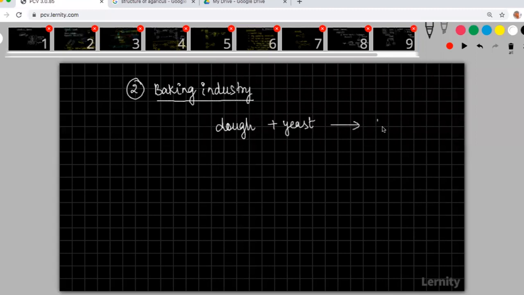The yeast will release carbon dioxide. This carbon dioxide will make the cakes fluffy. That cakes are fluffy or spongy is because of this yeast. So the baking industry will use fungus, again only yeast.